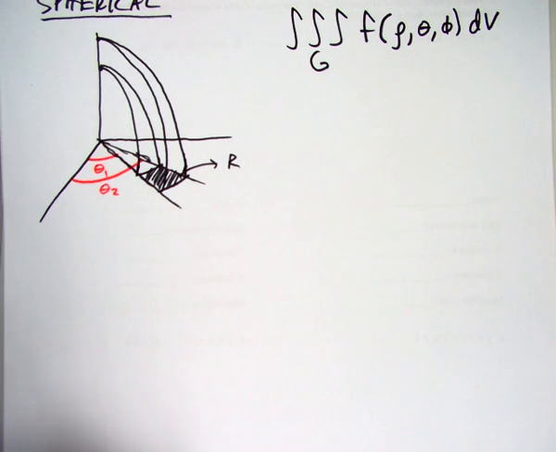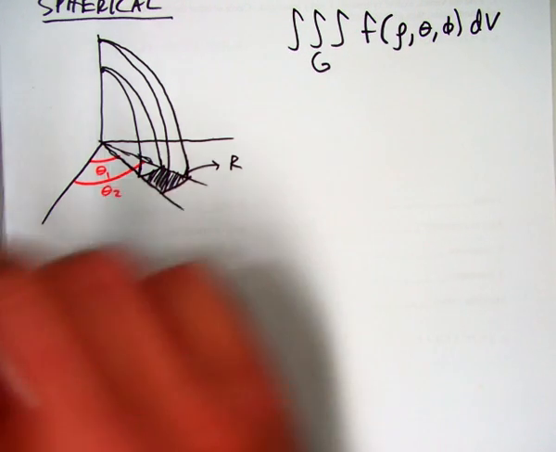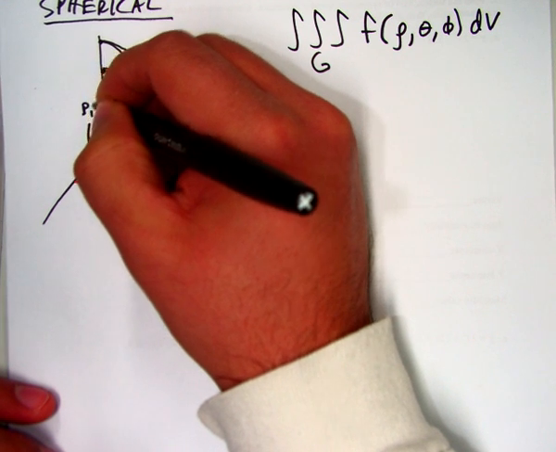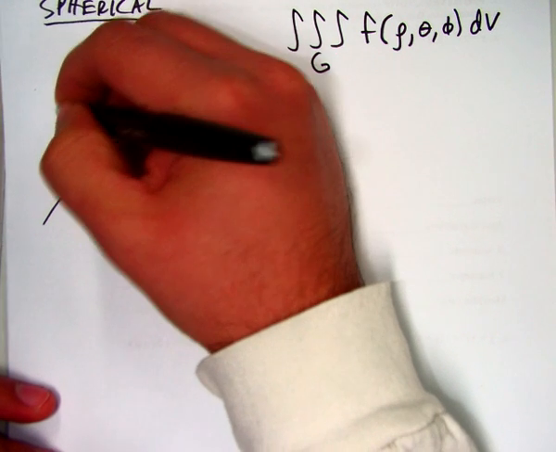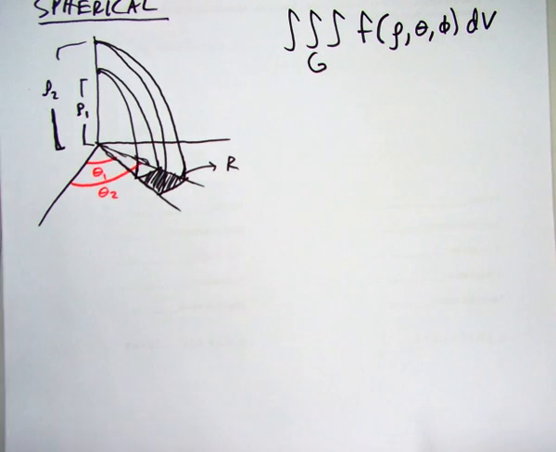But now we need these other two variables, rho and phi, right? Well, rho is just the radius of the sphere. So from here to here, let's say that's rho 1. And then from here to here, let's say that's rho 2. Okay, so there's two out of the three variables.